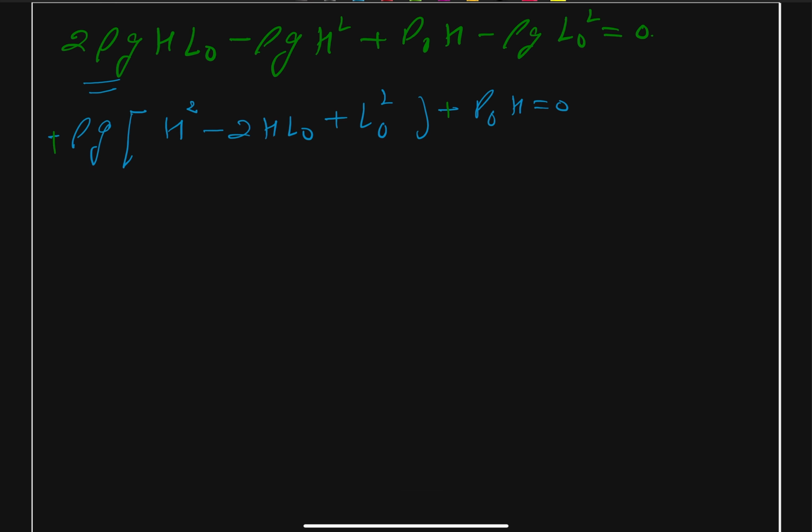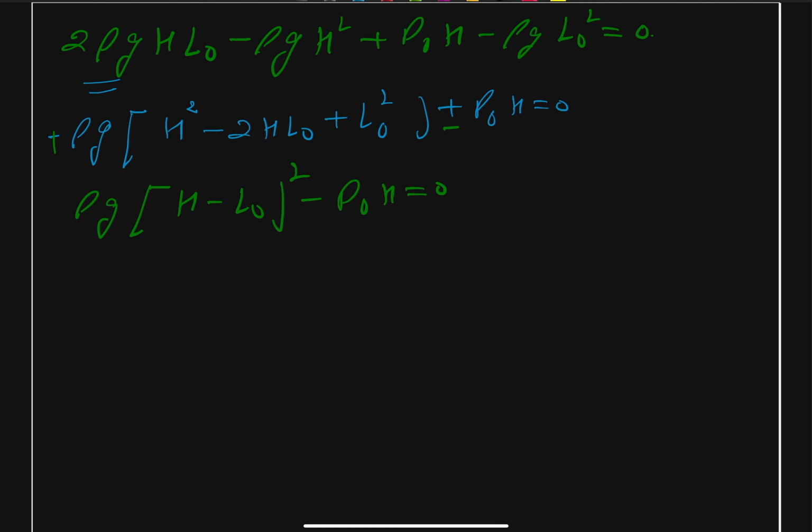So this will be rho G, and we have H minus L naught whole square, and sorry, one second, this is reversed, it is plus here, so if we take minus common throughout, this will be minus P naught H is equal to 0.